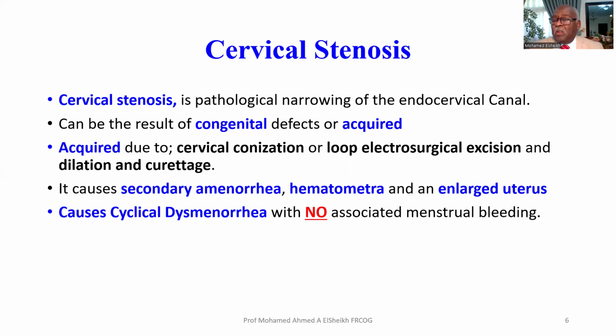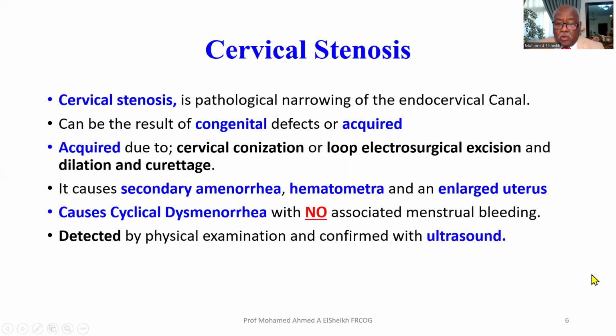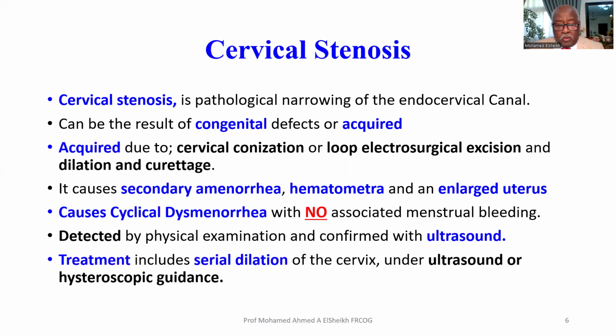That's to say, the lady gets the pain every month, but without menses at the time of the dysmenorrhea. It is detected by physical examination and confirmed by ultrasound. On physical examination, you will find a large uterus with the history being told, and you do ultrasound to confirm it.